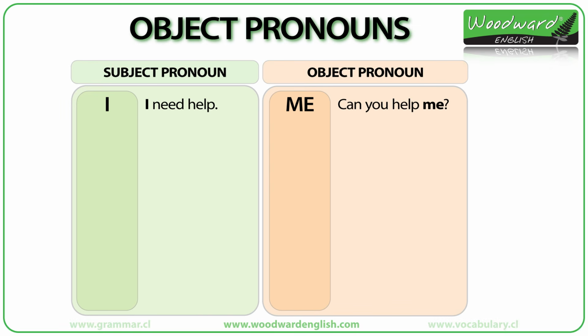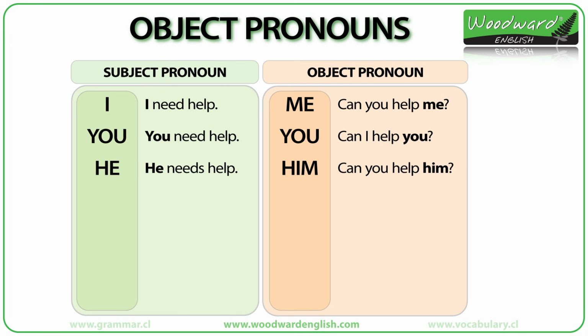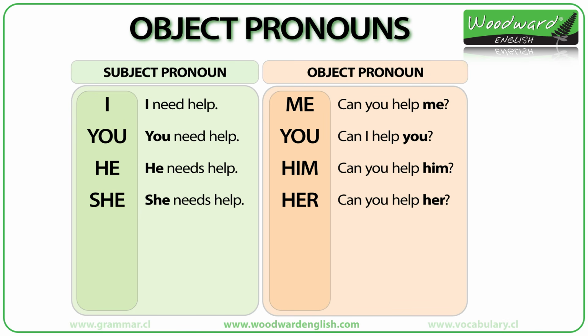Look at these sentences and questions. I need help. Can you help me? You need help. Can I help you? He needs help. Can you help him? She needs help. Can you help her?